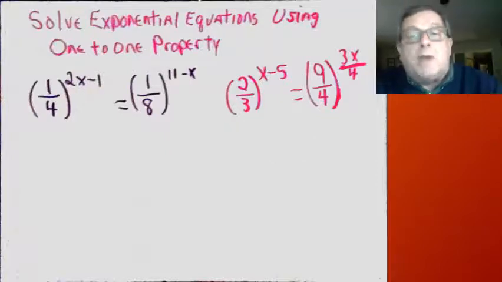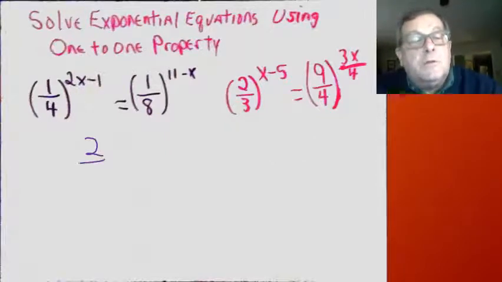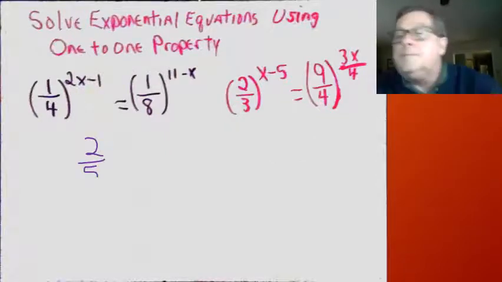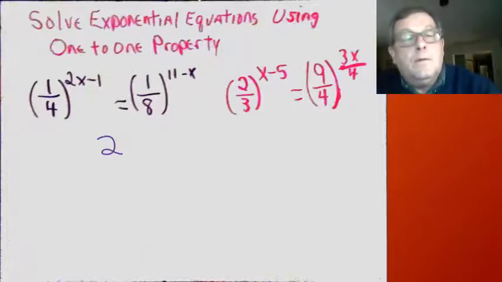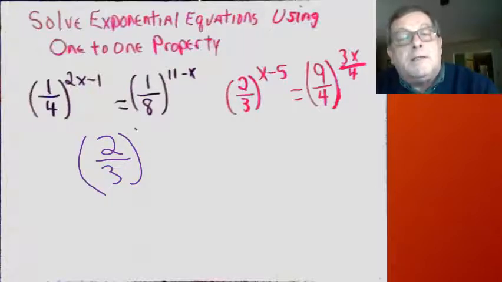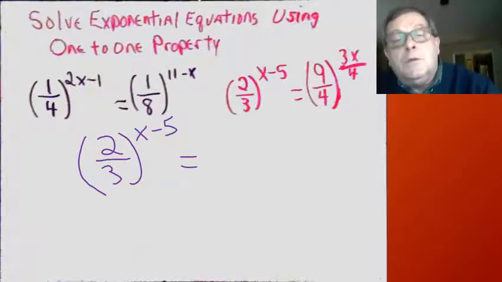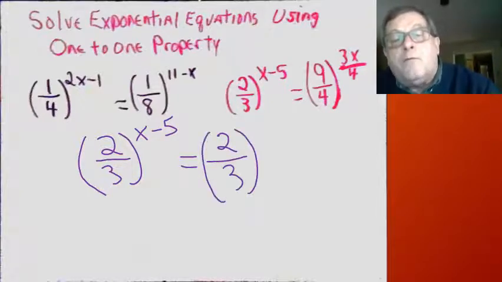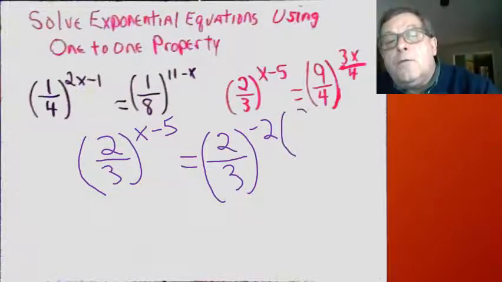So we're going to re-express this. We've got now the 2/3 raised to x minus 5 equals 2/3 raised to the power of minus 2 times 3x over 4.